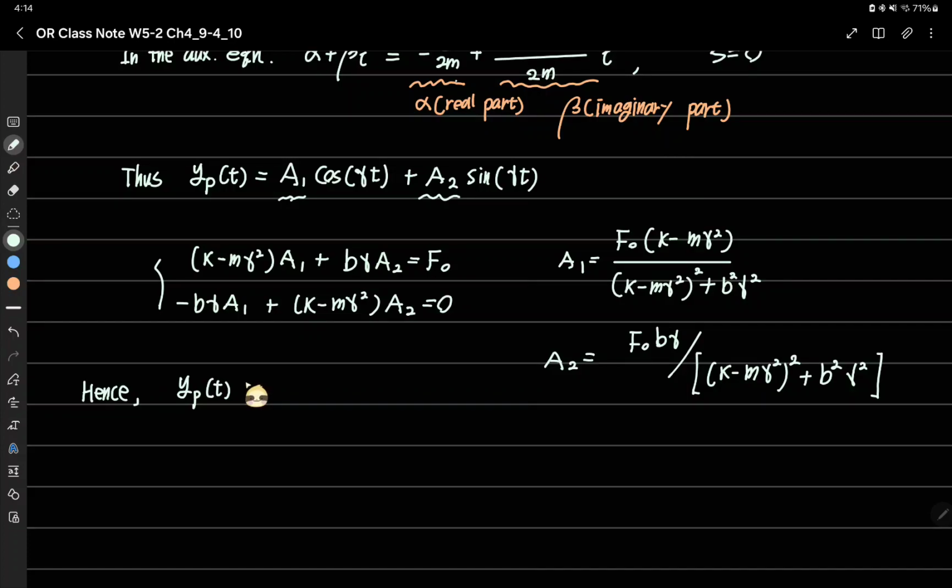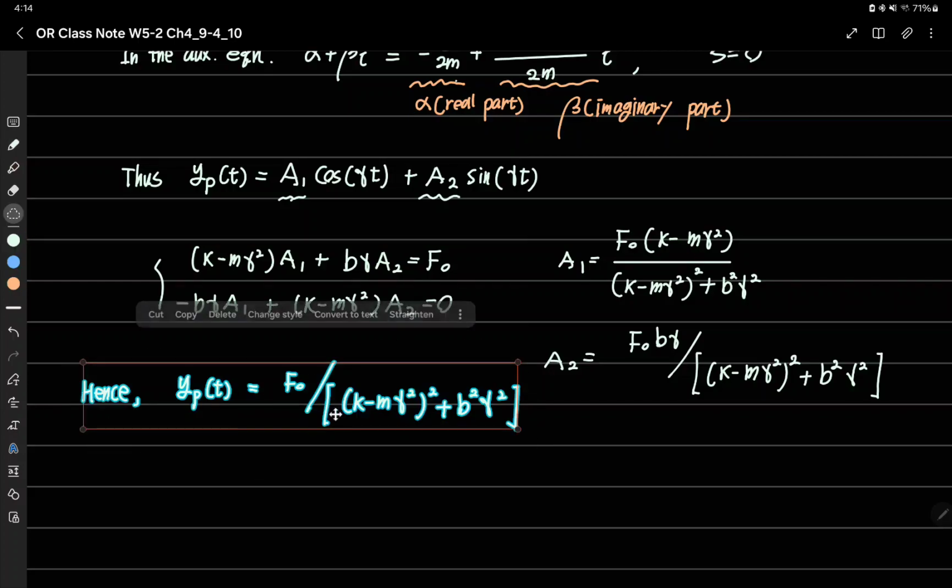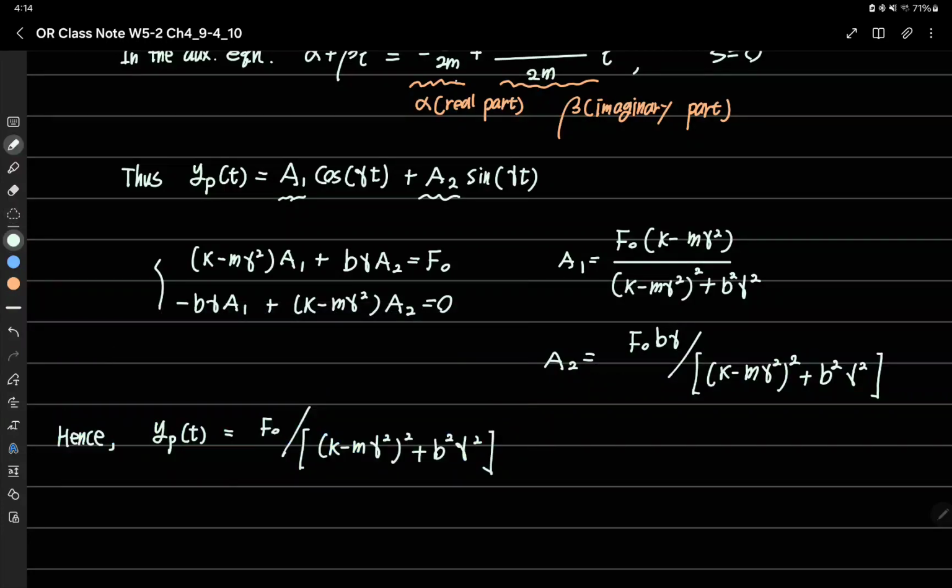So yp is going to be F0 over (k minus m gamma squared) squared plus b squared gamma squared, times (k minus m gamma squared) cosine gamma t plus b gamma sine gamma t.